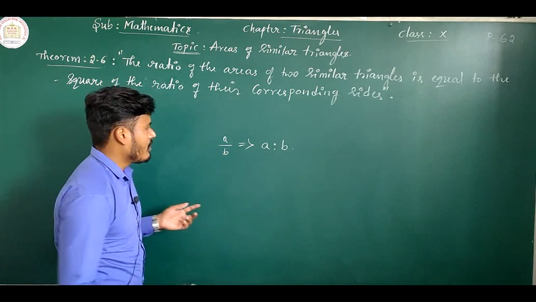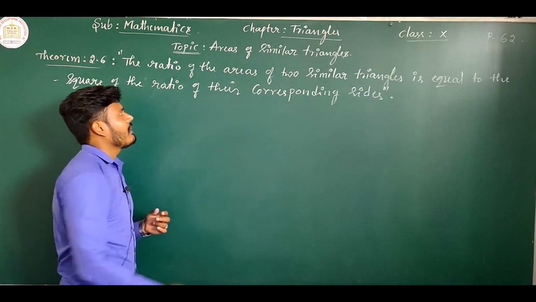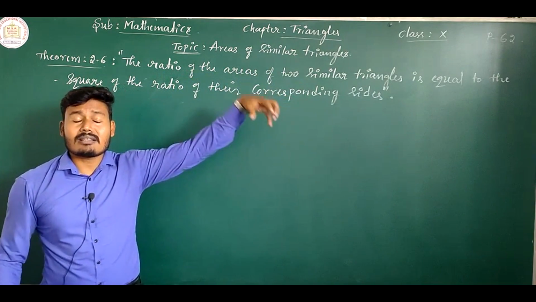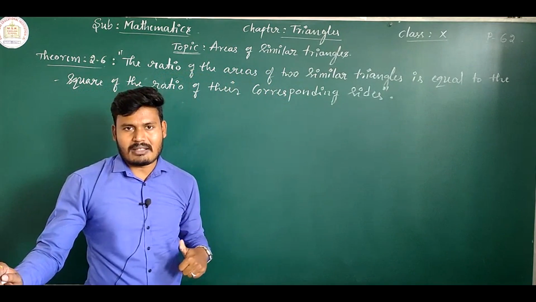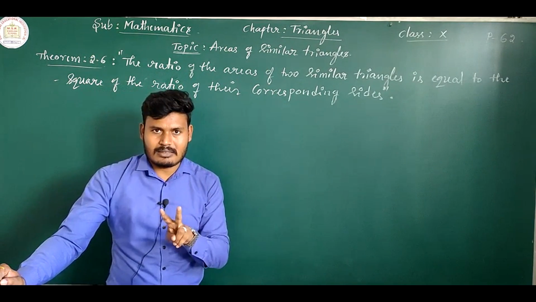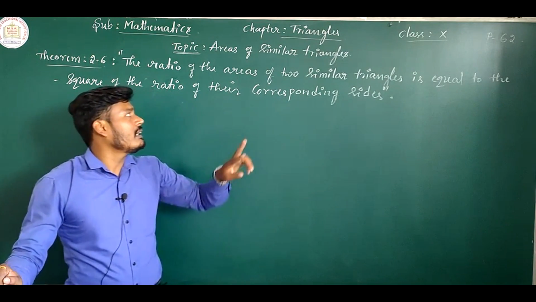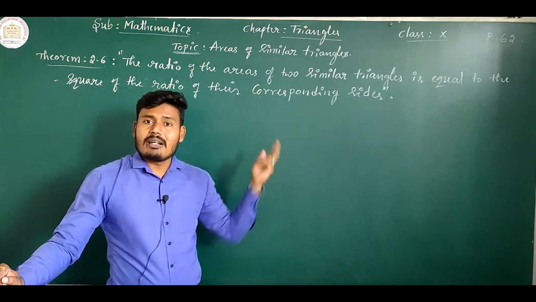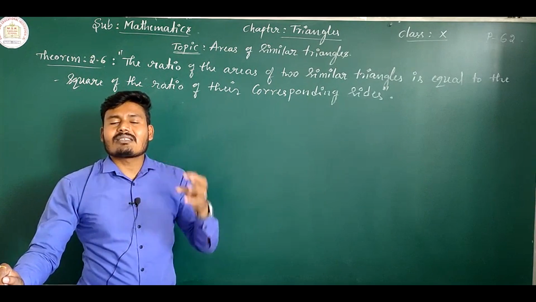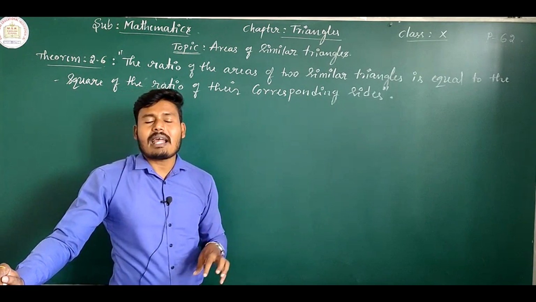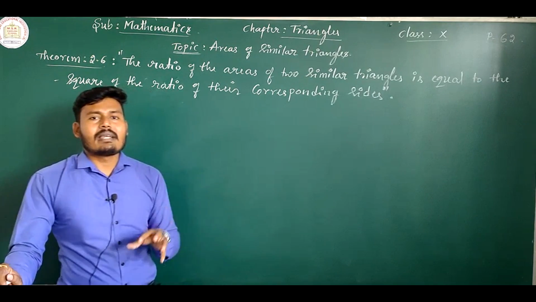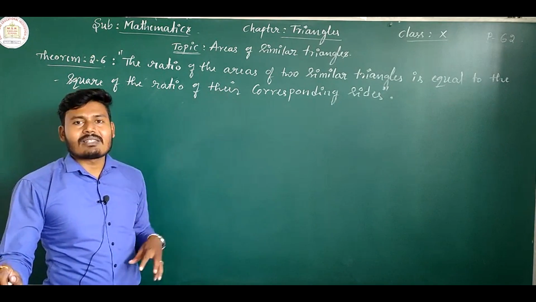So here they have given the ratio of the areas of two similar triangles. In this particular statement we have two triangles, and those two triangles are similar to each other. Two triangles being similar means the three pairs of corresponding angles are equal and the three pairs of corresponding sides are proportional. That is a very important criterion for similar triangles.